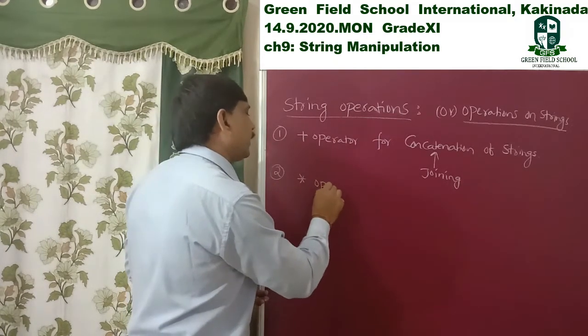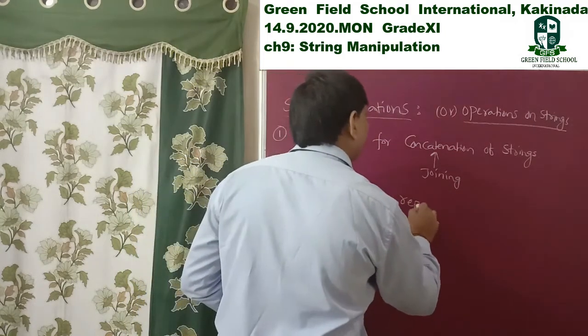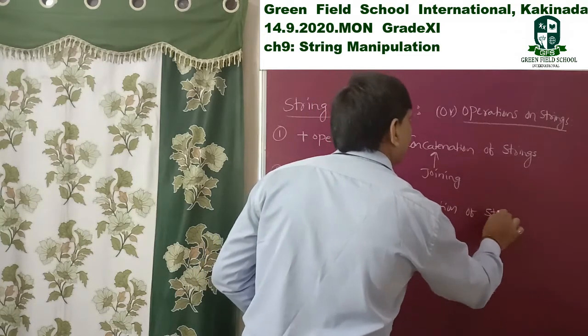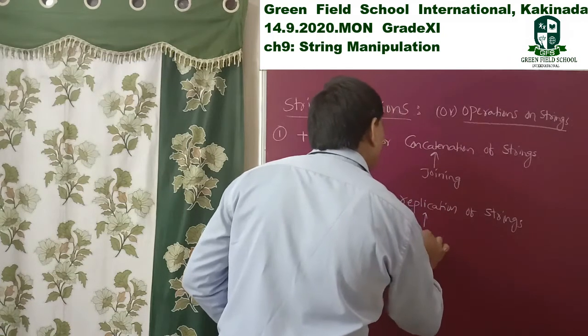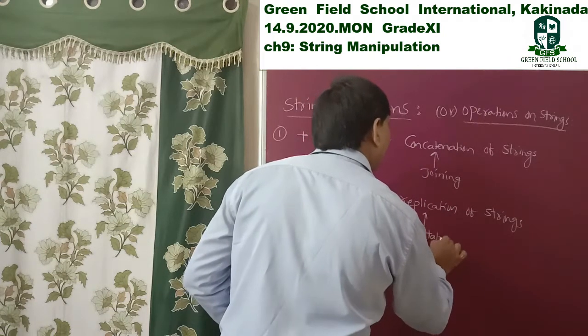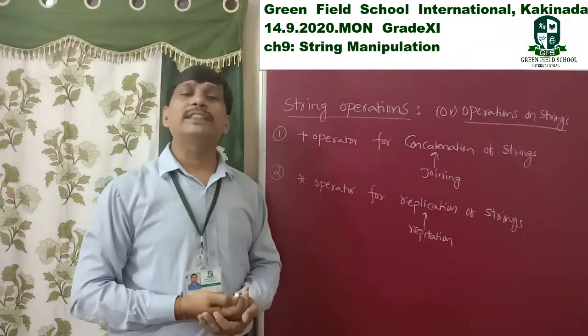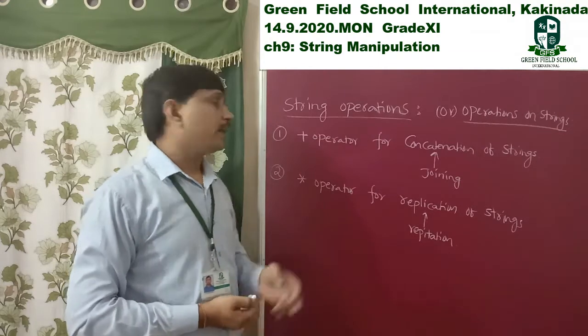The star operator is for replication of strings. Replication means repetition. Repetition of strings: how many times we repeat the same string. We apply this by using the star operator.